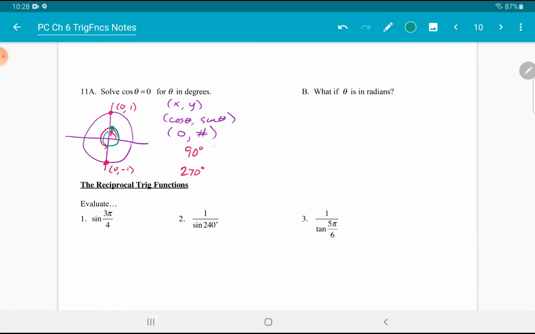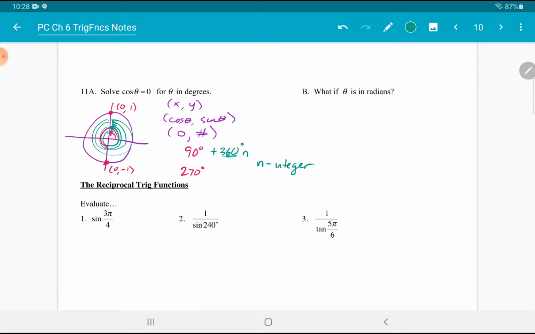So not only do I have a 90-degree angle, but I can add 360 degrees to it, and I can keep adding and adding. So I can add 360 degrees some number of times, let's call it n number of times. And n needs to represent an integer value because it has to go around a full revolution. If you only go around a quarter of a revolution, you're not going to hit the same spot. So that's why it's important we add the 360n.